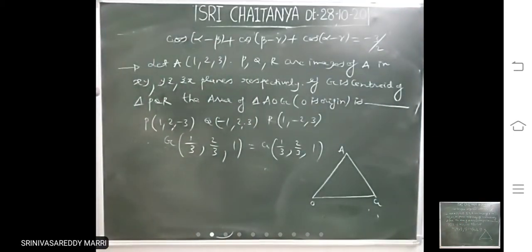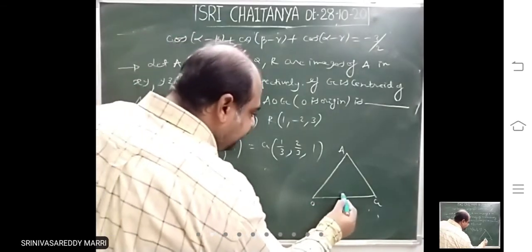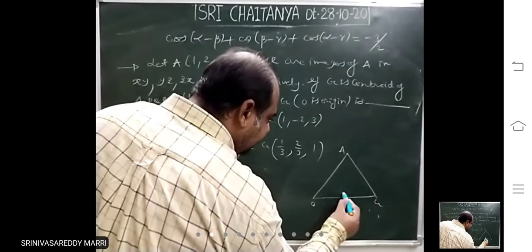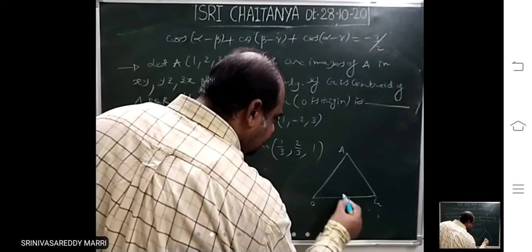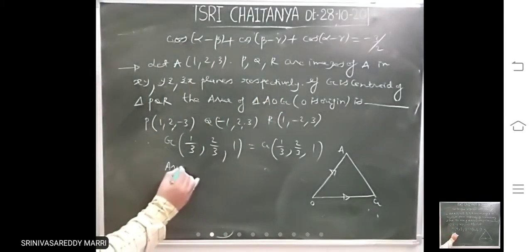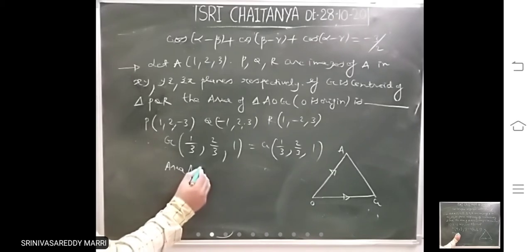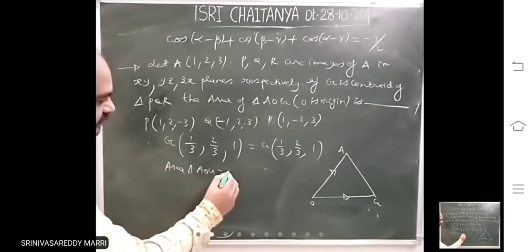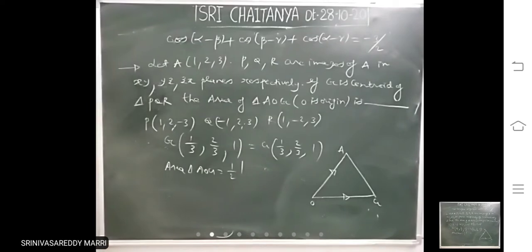So for the area, again you use the vector method. The area of triangle AOG is nothing but 1/2 times the cross product of adjacent sides.